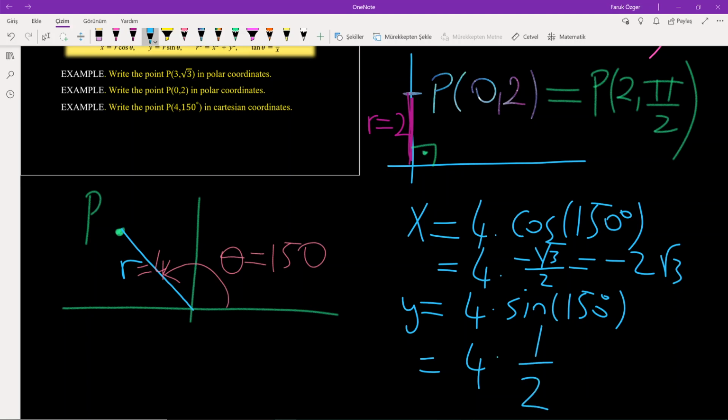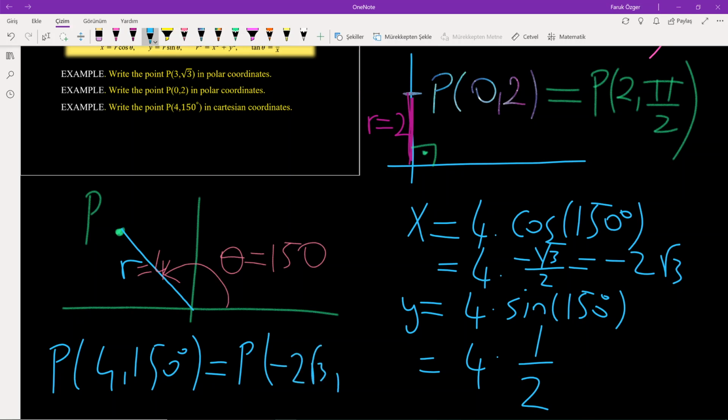Okay, so this point, 4 and 150 degrees in polar coordinates, is equal to minus 2 square root of 3 and 2 in the xy axis. I think it's enough for the time being.